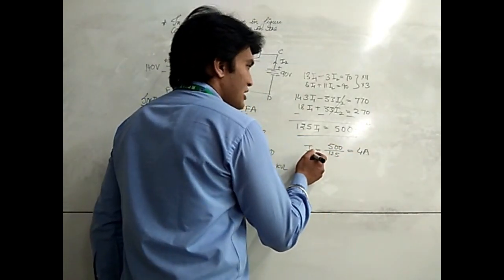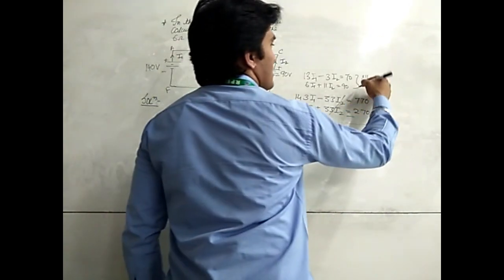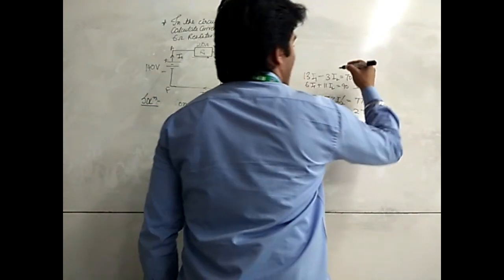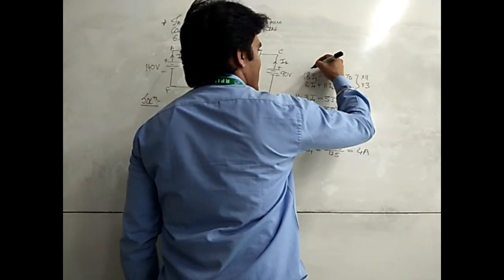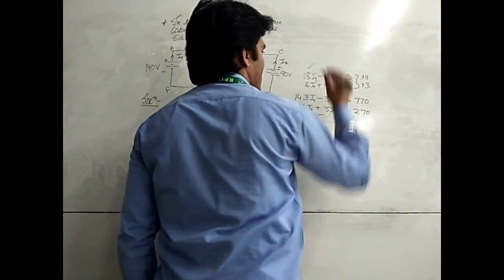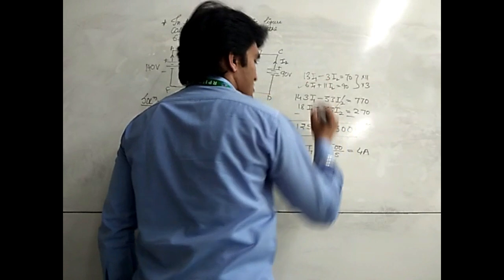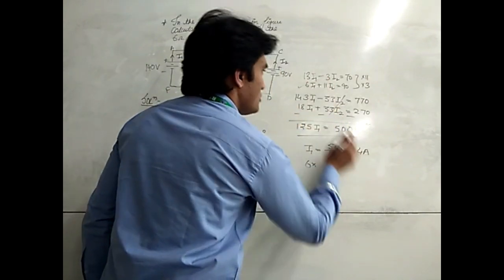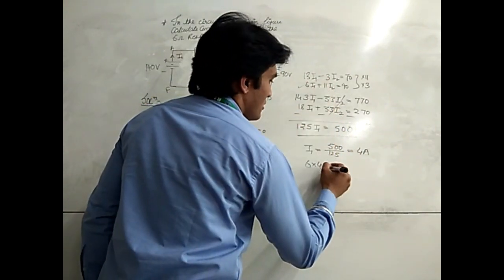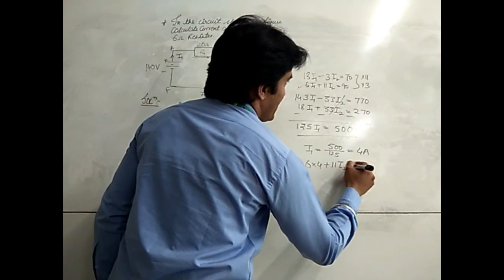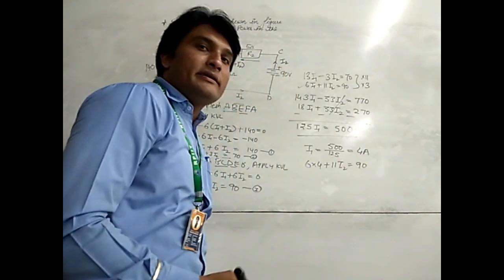Now put the value of I1 in equation number 1 or 2. I am putting the value of I1 in this equation. So 6 into 4 plus 11 I2 is equal to 90.